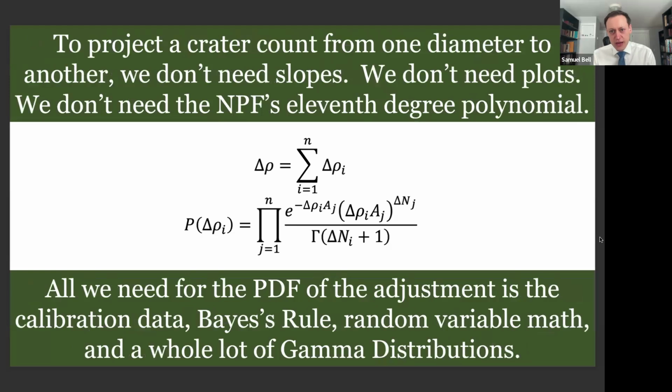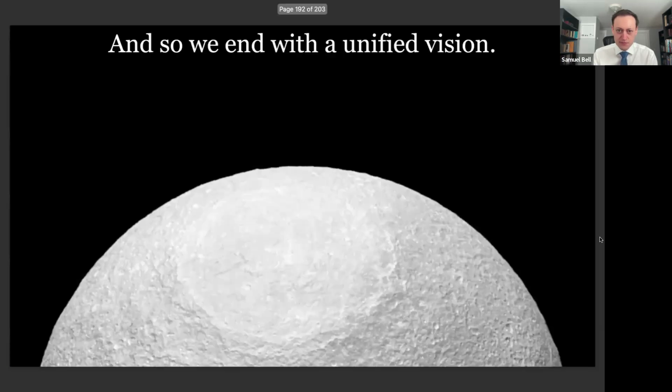To project a crater count from one diameter to another, we don't need slopes. We don't need plots. We don't need the NPF's 11th degree polynomial in log-log space. All we need for the PDF of the adjustment is the calibration data, Bayes' rule, random variable math, and a whole lot of gamma distributions.